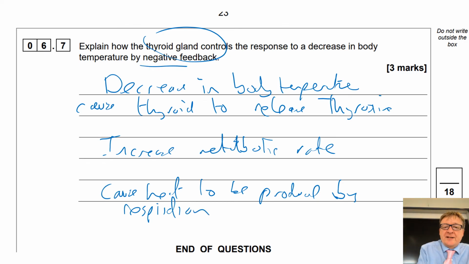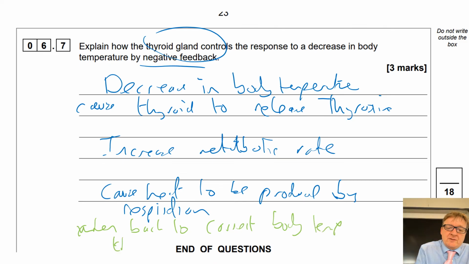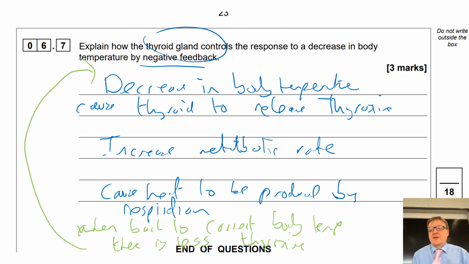And then the negative feedback bit is, if the heat is produced by respiration and the body goes up, back to the correct body temperature, there is less thyroxine, because the thyroxine has done its job, and so it's feeding back into there, which is the negative feedback.